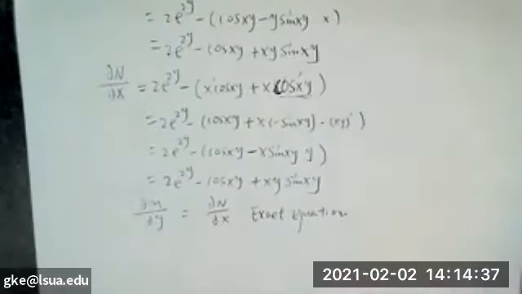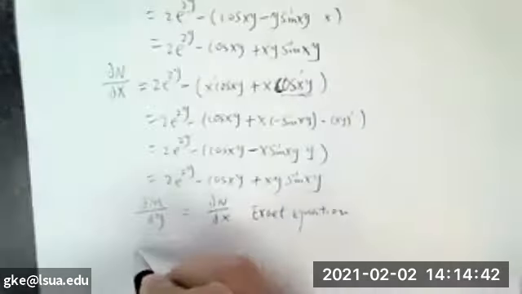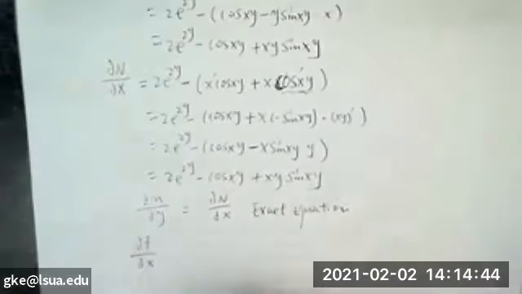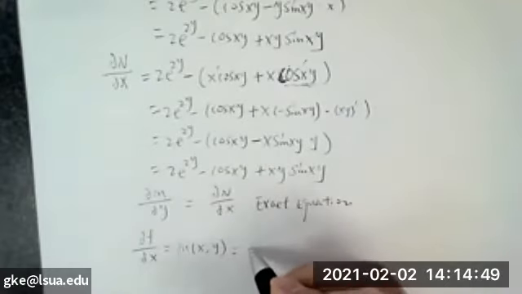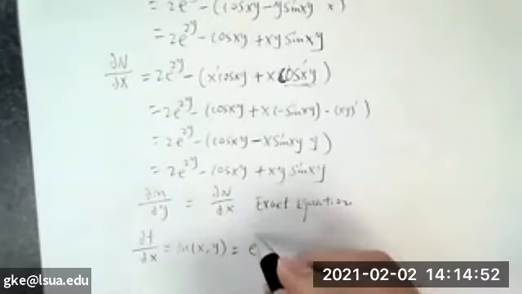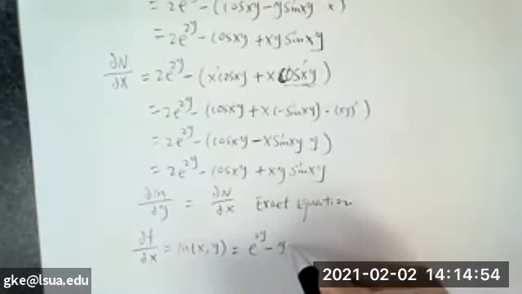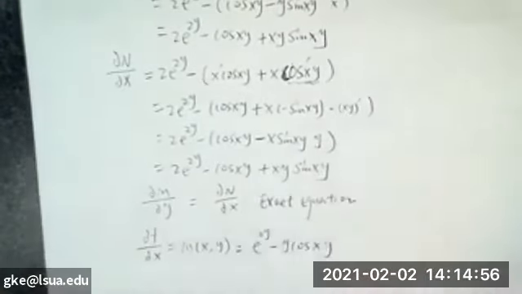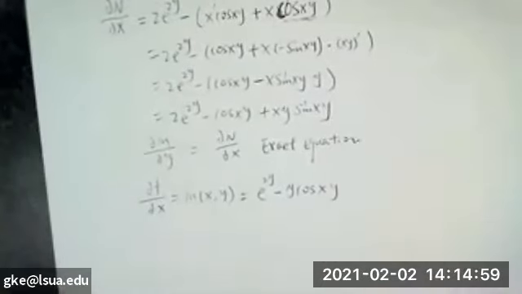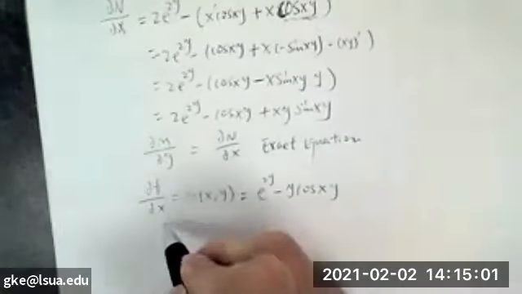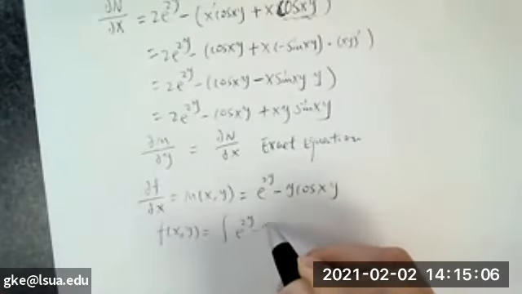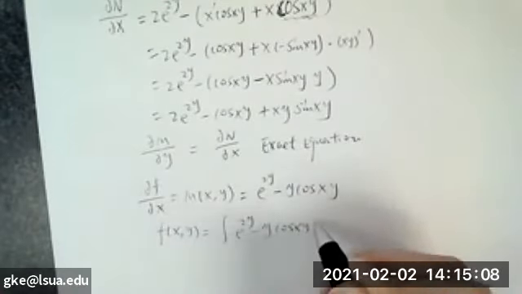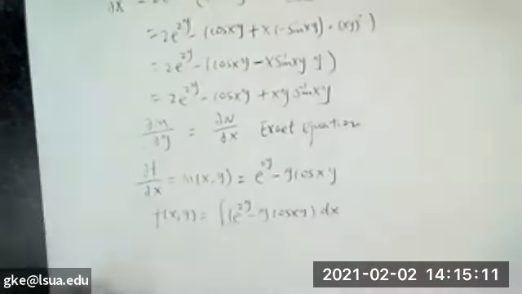Now we can do the integral. The first integral is going to be partial f over partial x equals M(x,y). Now we're going to do the integral with respect to x.